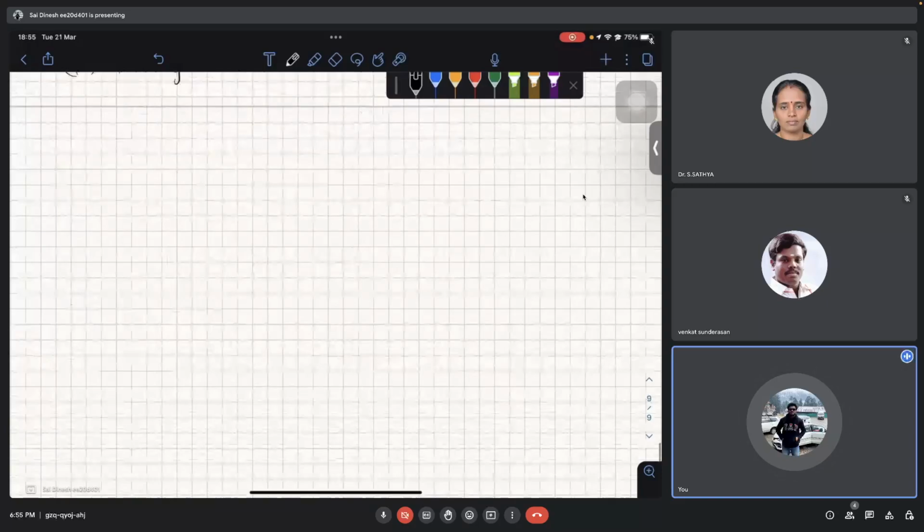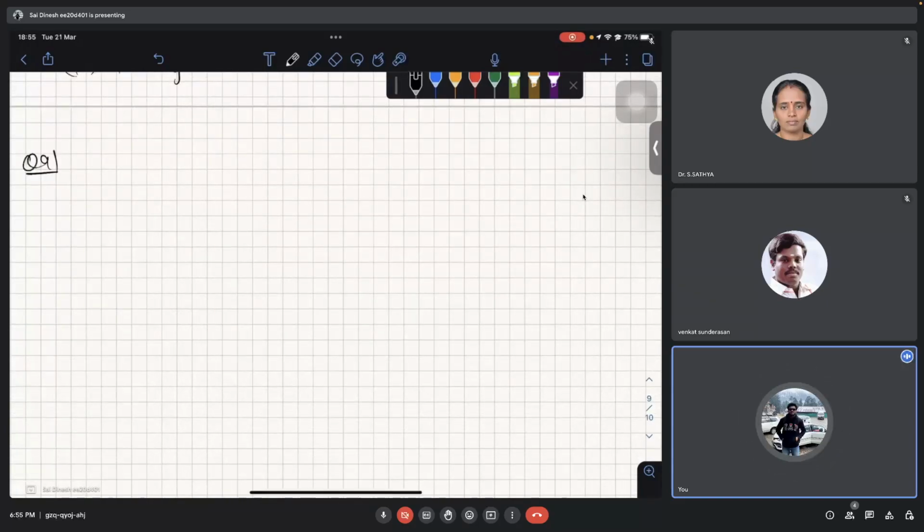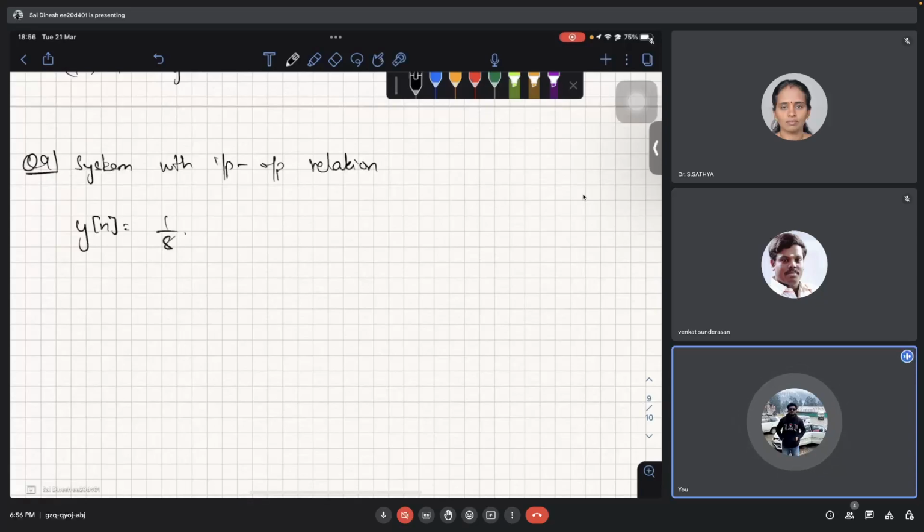Now ninth question is another system with input output relation given by y of n equal to 1 by 8 of x of n minus 3 times x of n minus 1 plus 3 times x of n minus 2 minus x of n minus 3.